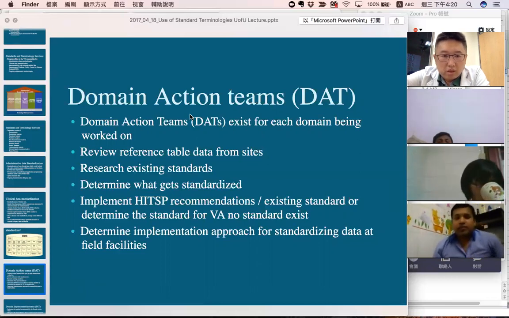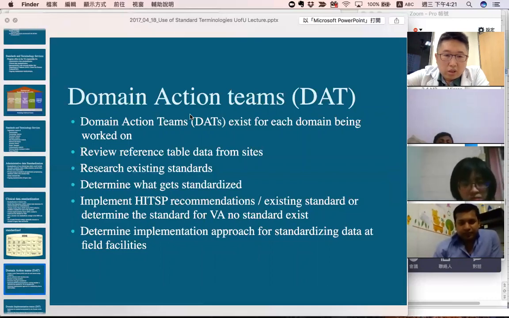I think this one is a good example. For example, Jessica wants to create a smart prescription system.